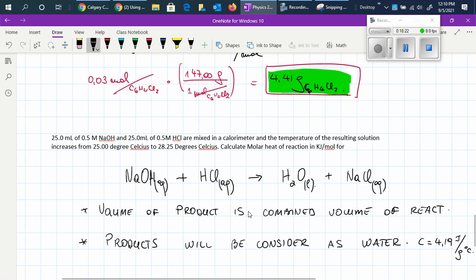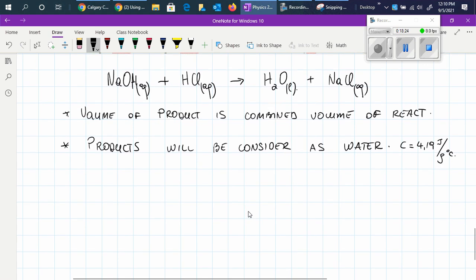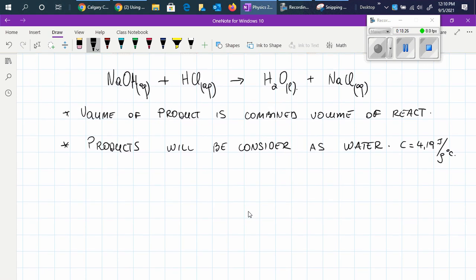some knowledge from the solution unit on Chemistry 20. So the concentration for each of them will be 0.5 moles per liter, which is molarity, okay, 0.5 molarity.